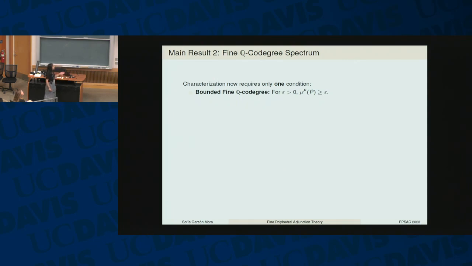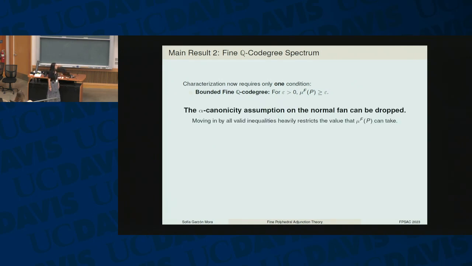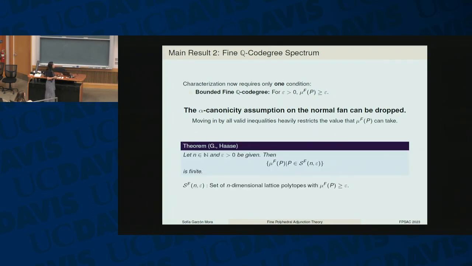We just require that the fine Q-codegree is bounded from below by some epsilon, and we can drop the alpha-canonicity assumption just because pushing by all valid inequalities restricts very heavily the values that the fine Q-codegree can take. And so we get the same theorem as before.